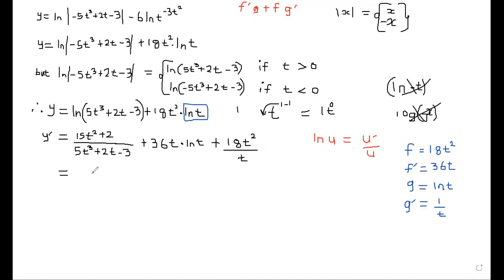Here there's nothing that we can do, right? There's just nothing that we can do here. So let's rewrite this as 15t squared plus 2 all over 5t cubed plus 2t minus 3.